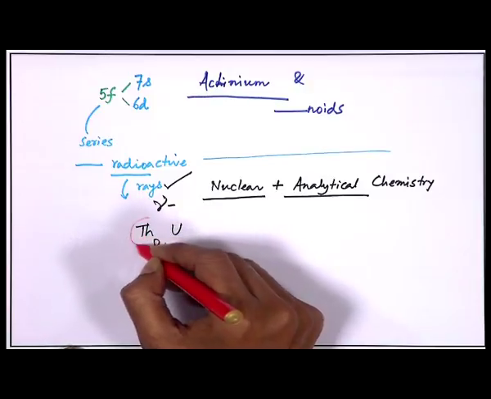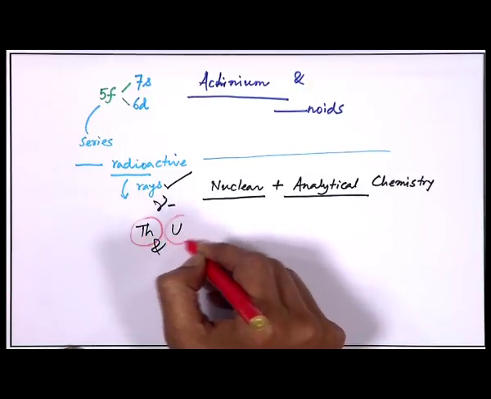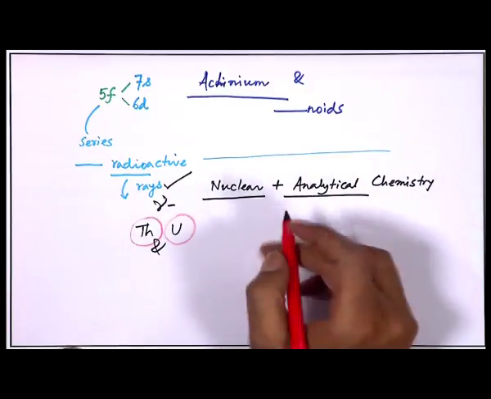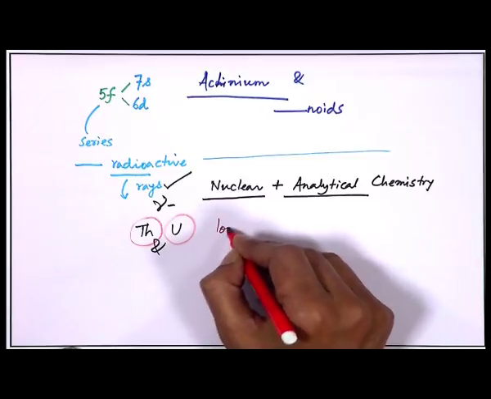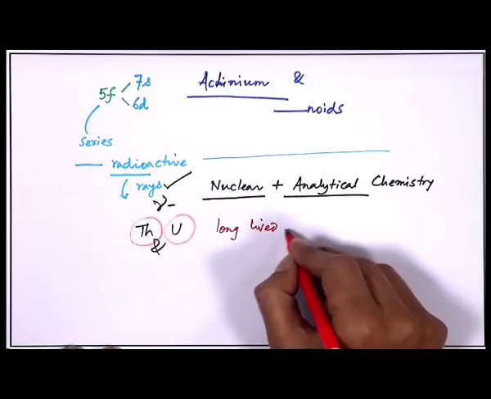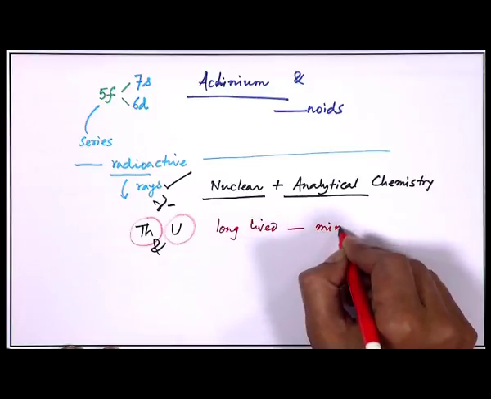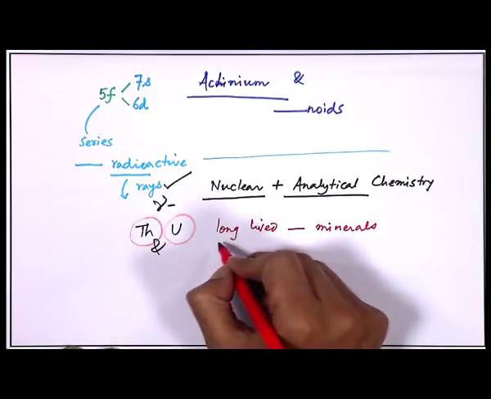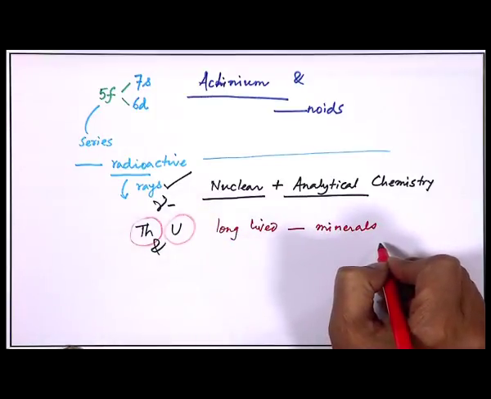So, we should have some idea about the positioning of these two elements in the periodic table. These thorium and uranium are long lived, and they therefore occur in minerals. If they are not long lived, it is very difficult to get them as a natural source.